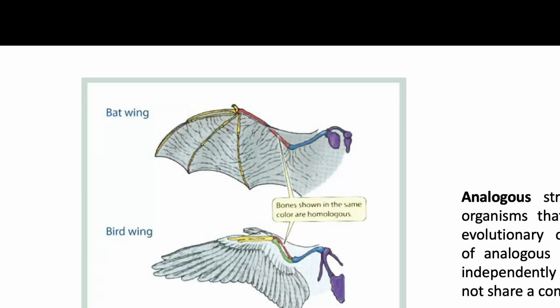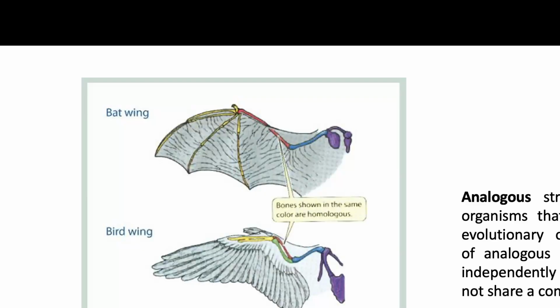Analogous structures are body parts in different organisms that have similar functions but different evolutionary origins. Let me break down this statement for you. In analogous structures, the organisms are of different origin. The ancestry is different, but the function has brought them together.